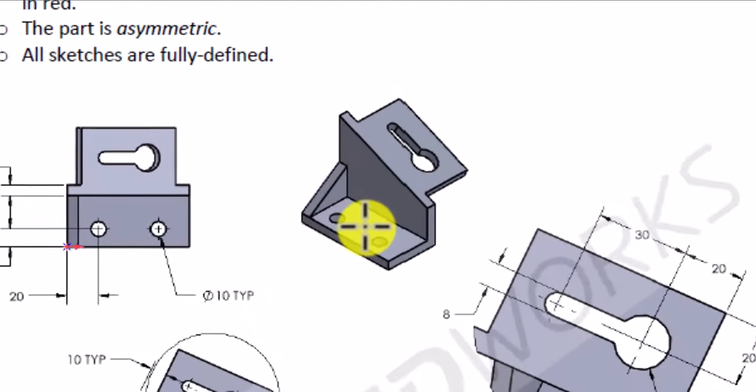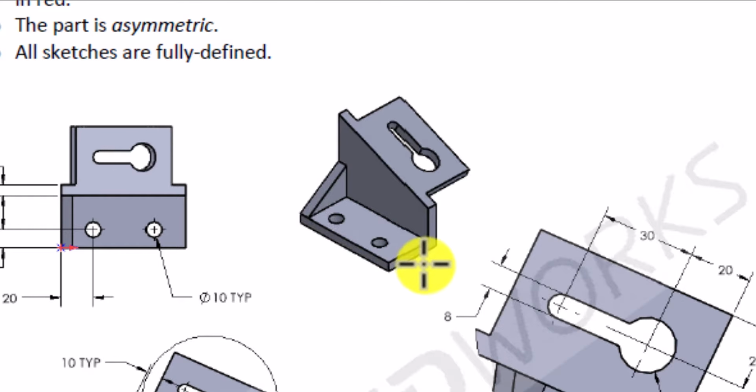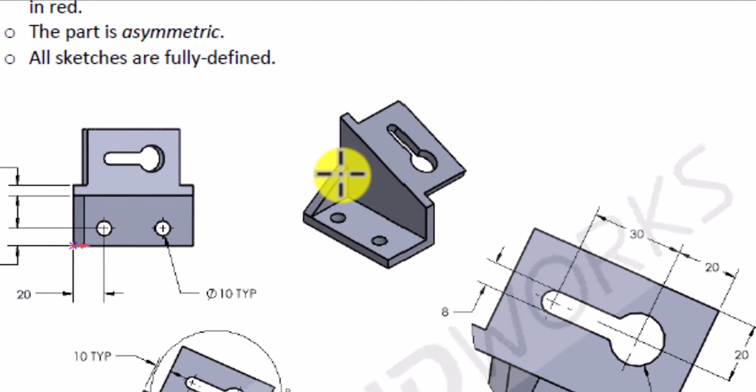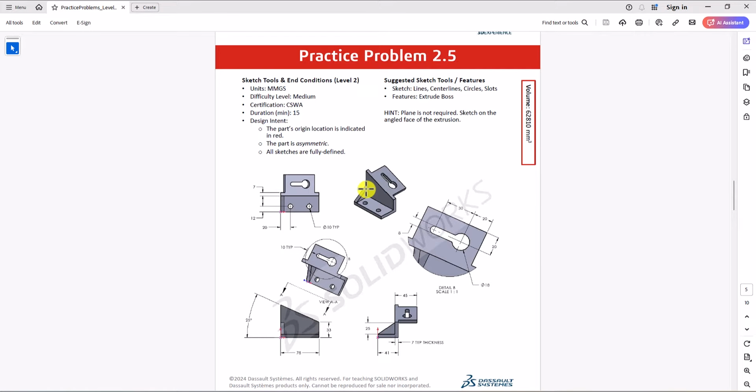You can see that we have this rectangle here, which is the base. I want to make that first, and then I'm going to make this second piece, the large piece that you see here, and then I'm going to focus on the top piece, and at the end I'm going to work on this triangle, and then we're done. Okay, with this introduction, let's jump into SolidWorks and start modeling this part.